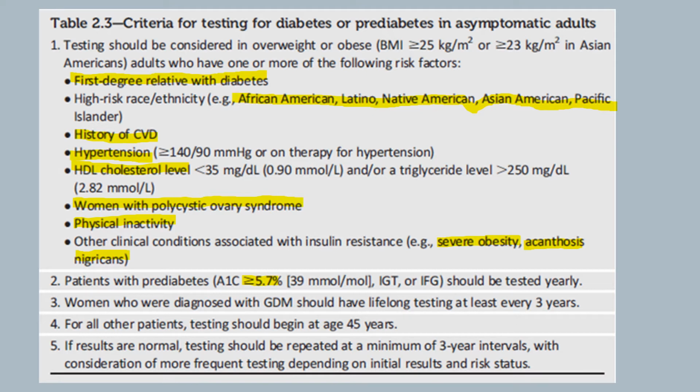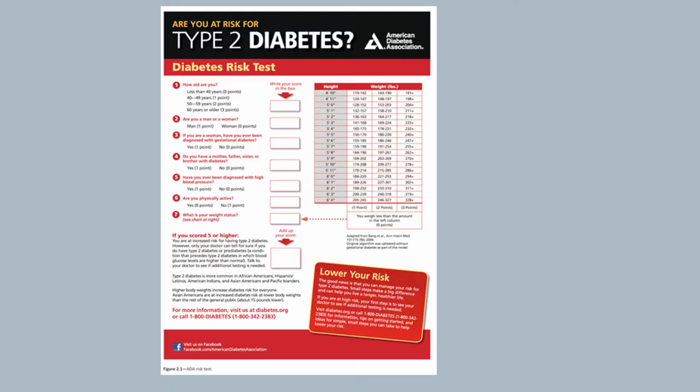And then if they're normal, they should be retested at 3-year intervals. All of these other high-risk groups should be tested at annual intervals. This is just an example of a survey that patients could do to help them estimate their risk.